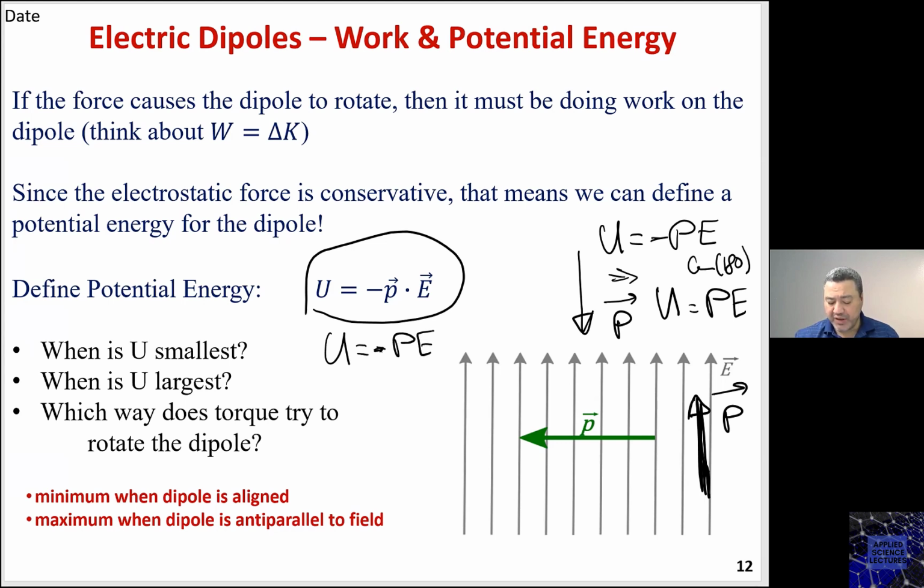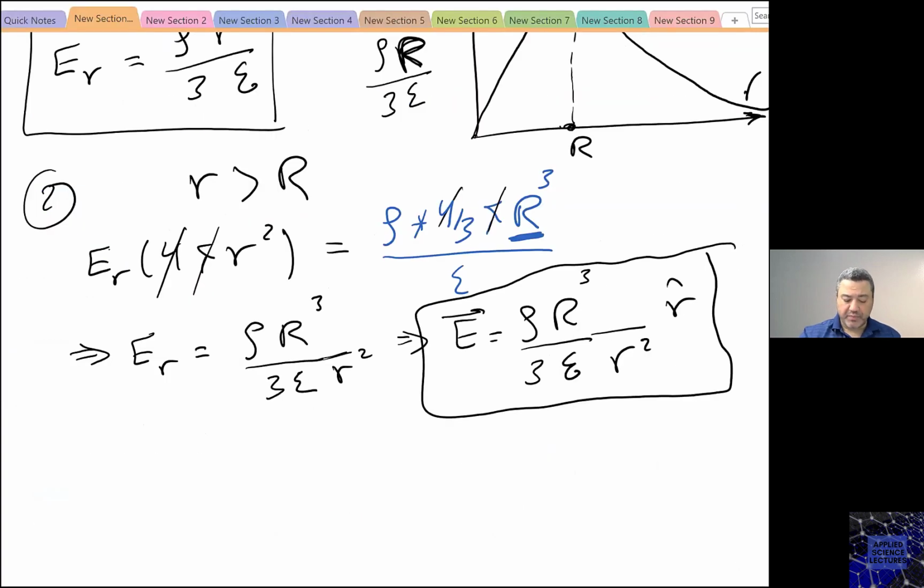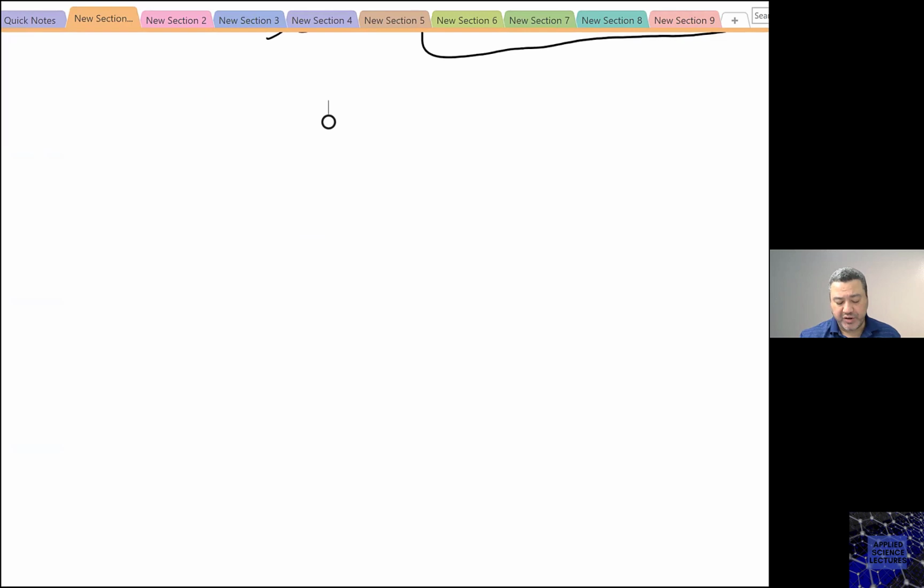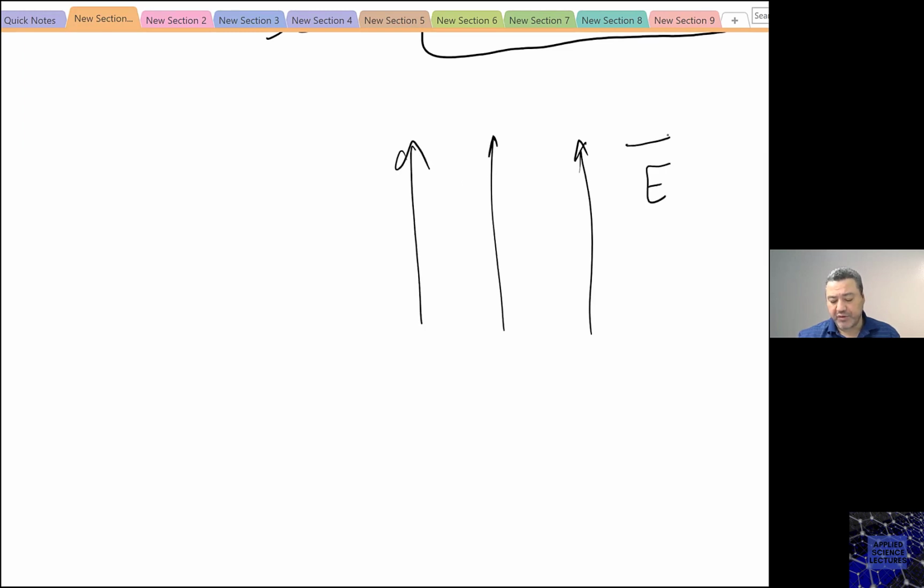When I have the dipole moment anti-parallel, I have the electric potential energy being positive. So if this is my uniform electric field, and I have a dipole moment that is aligned, we said that this position, when it's parallel, has the lowest electric potential energy.